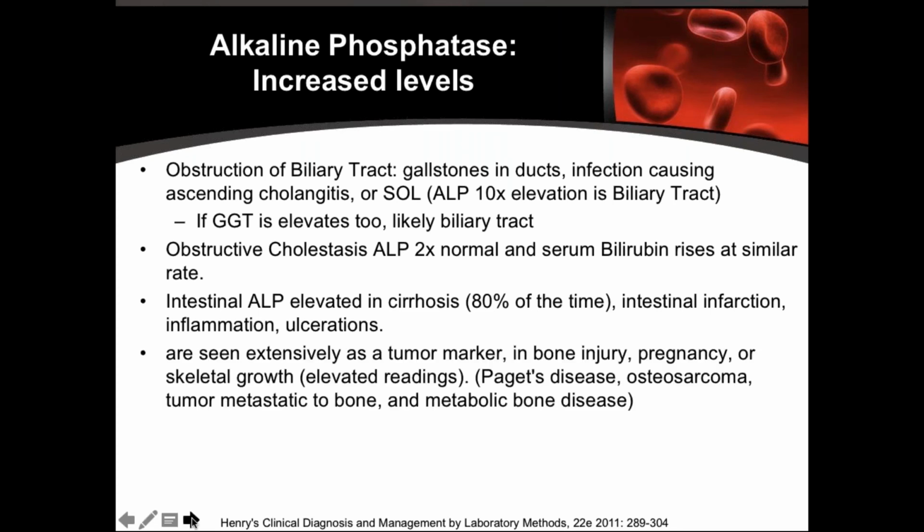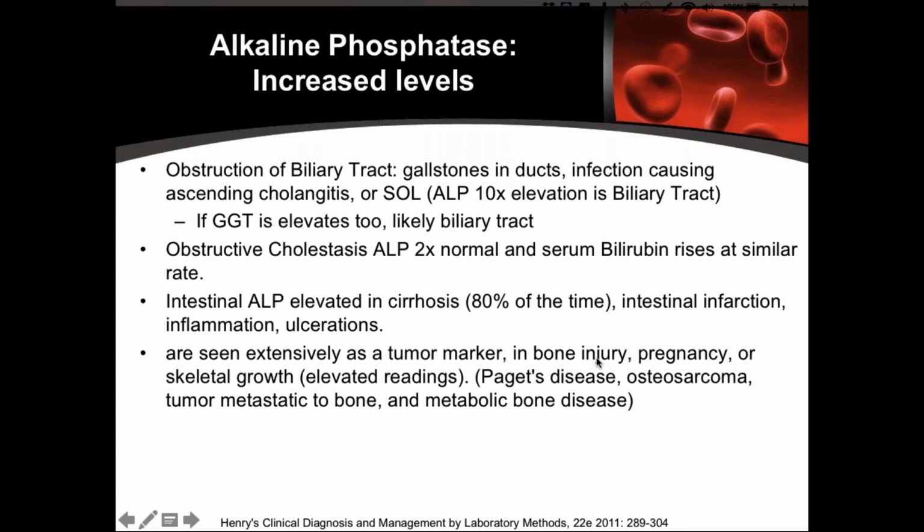That's who you're going to be thinking about there. And you're also going to see increased levels as a tumor marker. This is a big one, but I don't know how many people you're going to get that fit that category, but this is a really nice sensitivity marker for catching tumors.